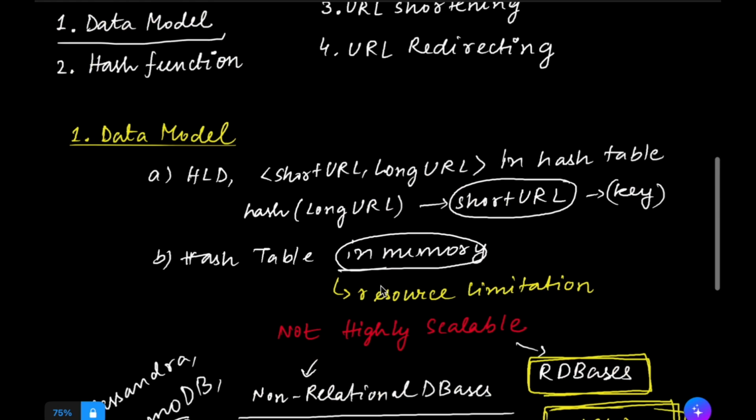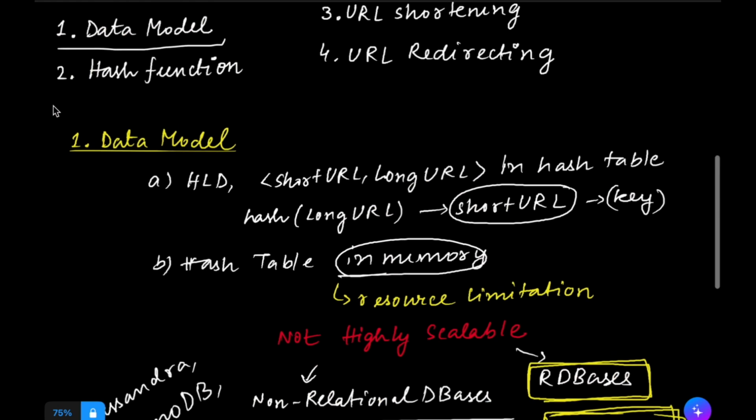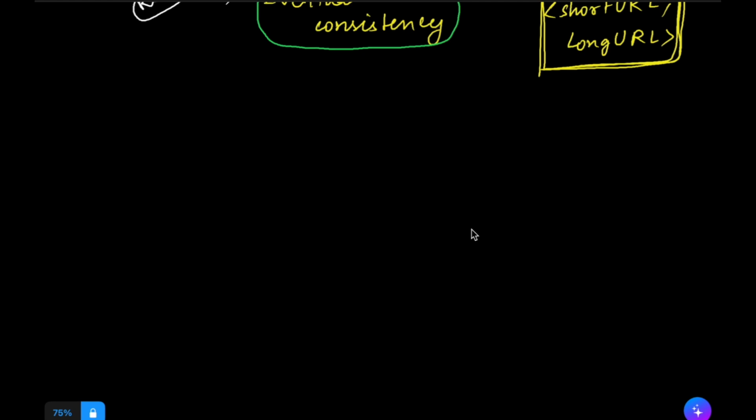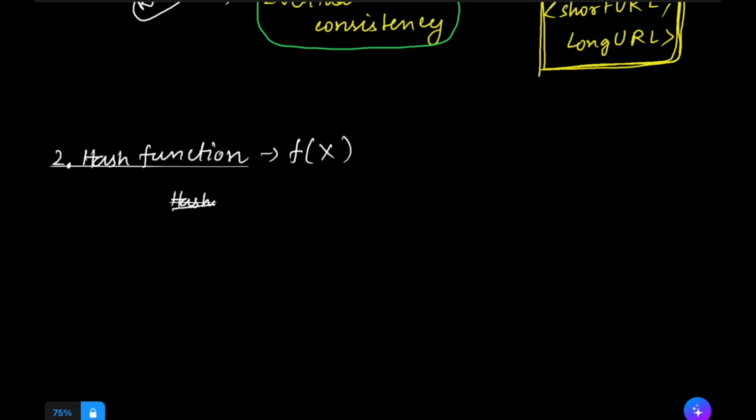That is our second topic of today's discussion, the hash function. The main criteria of the hash function, or why we use the hash function, is like this. Let's say this is f of input x. So f takes a long URL and it generates a hash value.